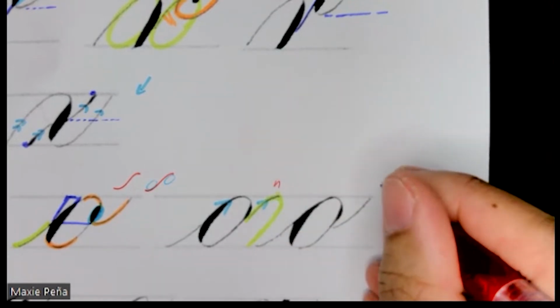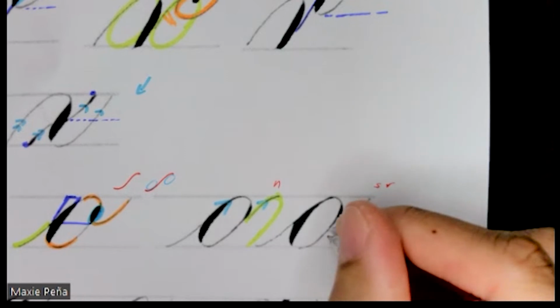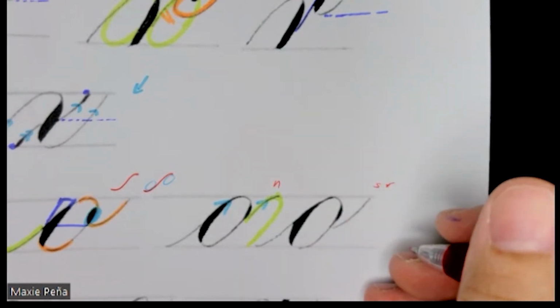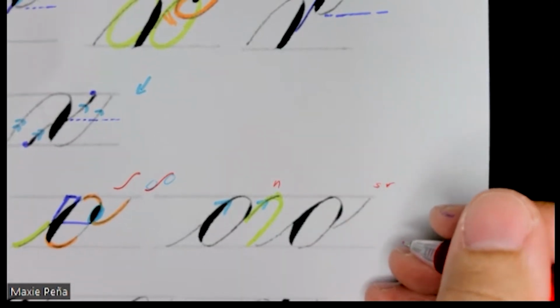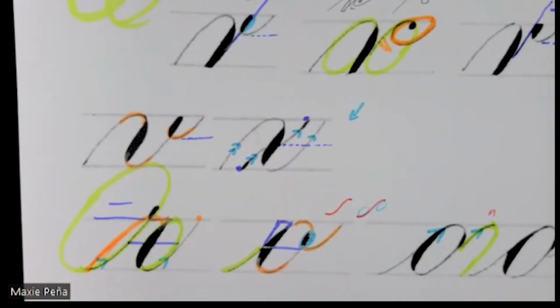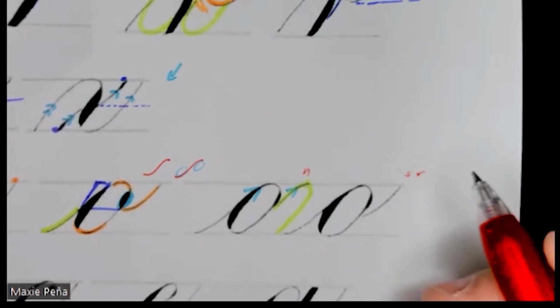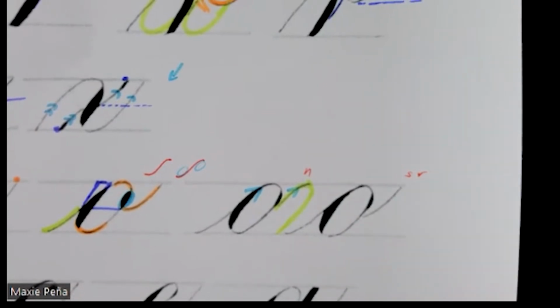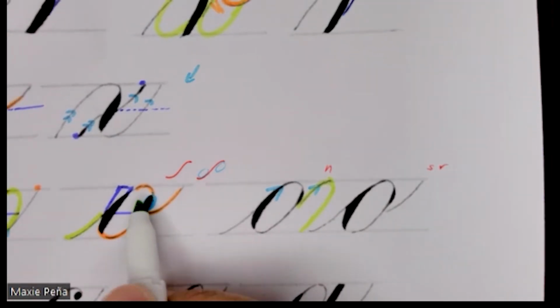The next one, you could use this for S and R, which we will tackle later. Well, I guess this R is what I mean. For S, we will show it later, but instead of expressing half, this is sort of like more than half or half of an oval.